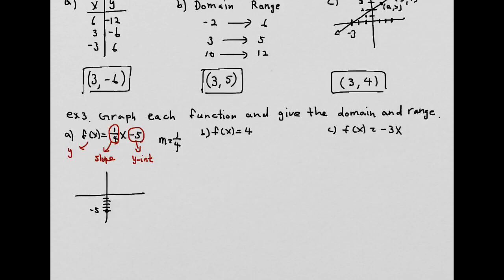The denominator 4 means moving 4 to the right. These are all positive values, so go up 1, move right 4. 1, 2, 3, 4. So from the y-intercept, going up 1 and moving right 4, that's the second point. And draw a straight line passing through those 2 points, and that will be your graph of the given function f of x.